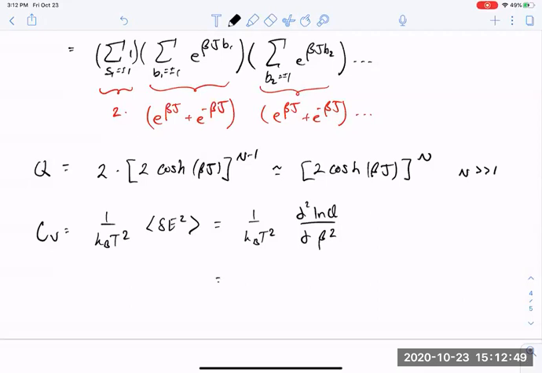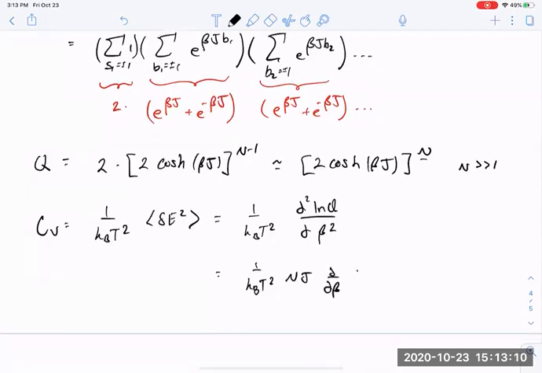Taking those derivatives gives us 1 over k_B T squared. I have an n in the exponent. When I take the log, that will come outside. Taking derivatives with respect to beta pulls out a factor of J. And then I have a derivative of, minus, 2 minus signs, minus minus. The first derivative of hyperbolic cosine with respect to beta J would give me a hyperbolic tangent.